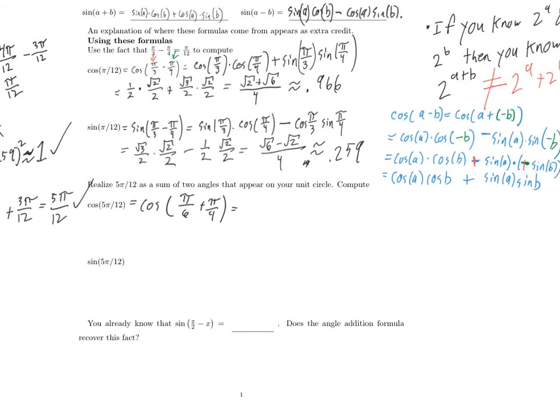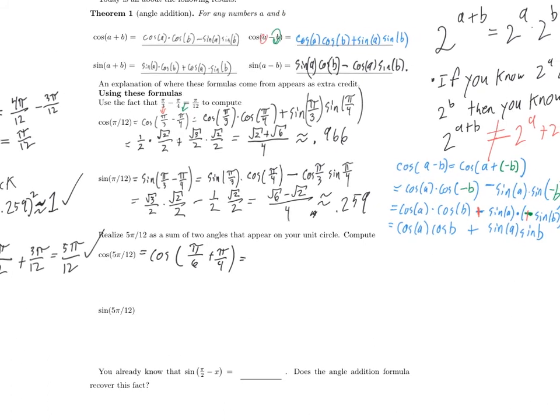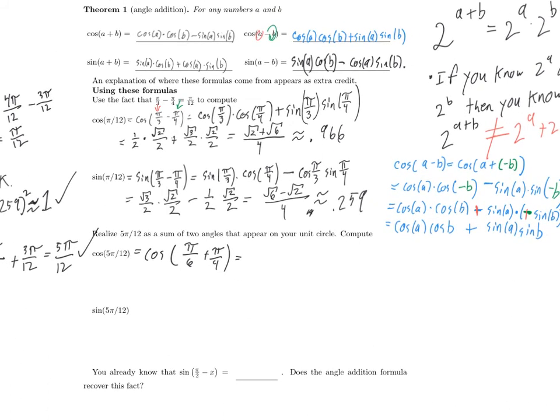Using the angle addition formula, so scroll up a little bit, you see it up there: cosine A cosine B minus sine A sine B. So it'll be the product of the two cosines, cosine pi over 6, cosine pi over 4, minus sine pi over 6, sine pi over 4.